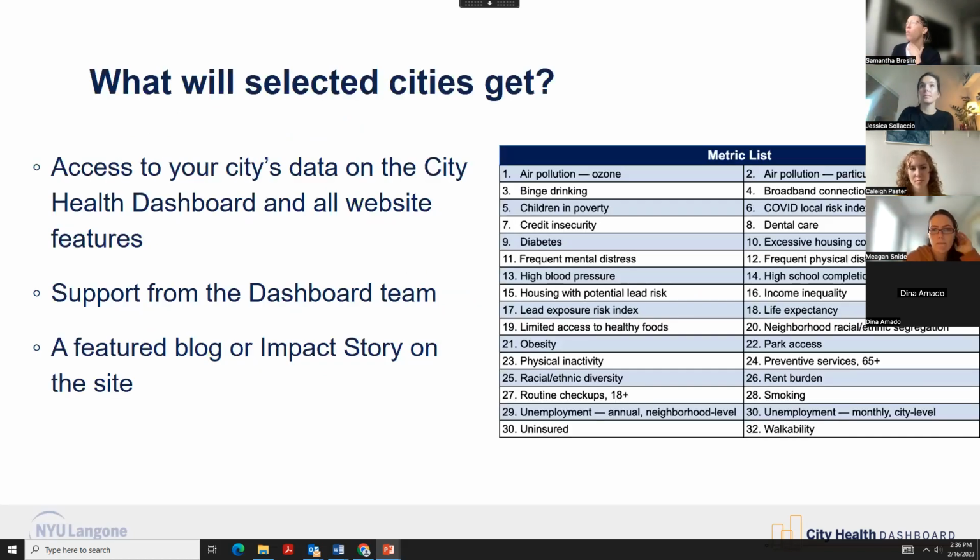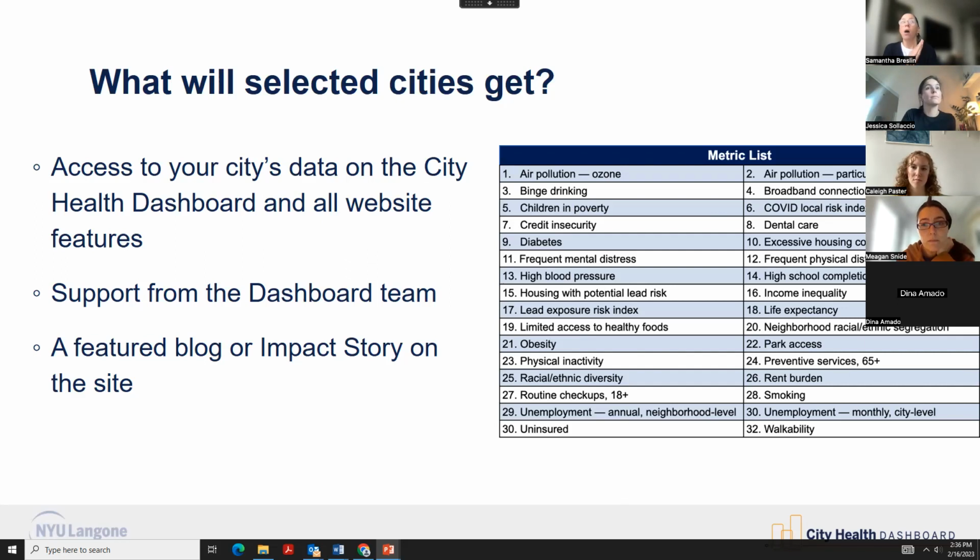And so what will the selected cities get? Like I said before, access to your city's data on the site and all of our features. So everything that I just showed you in that demo will be available for all of the cities that get selected for the challenge. And then I have a list here of all of the measures that we will have available for our smaller cities.